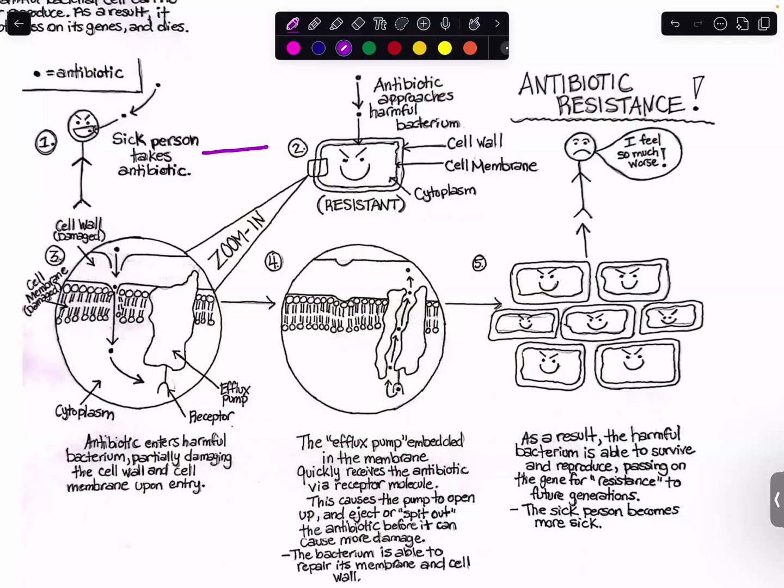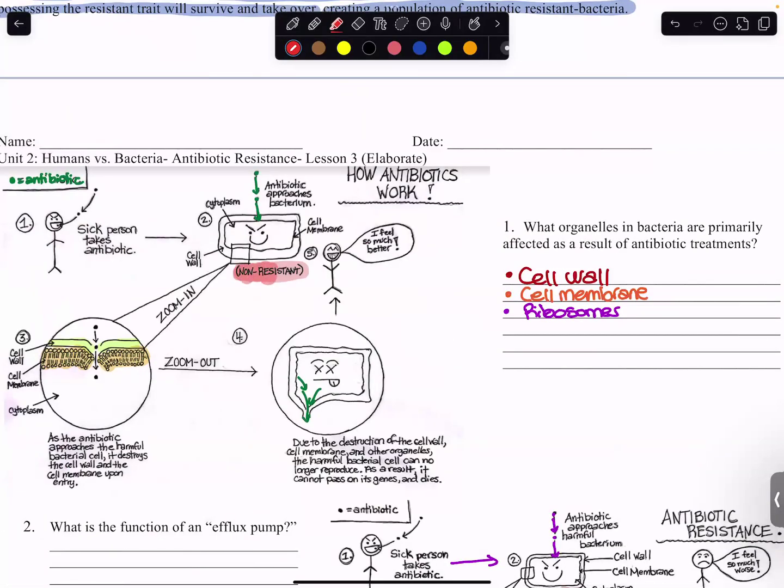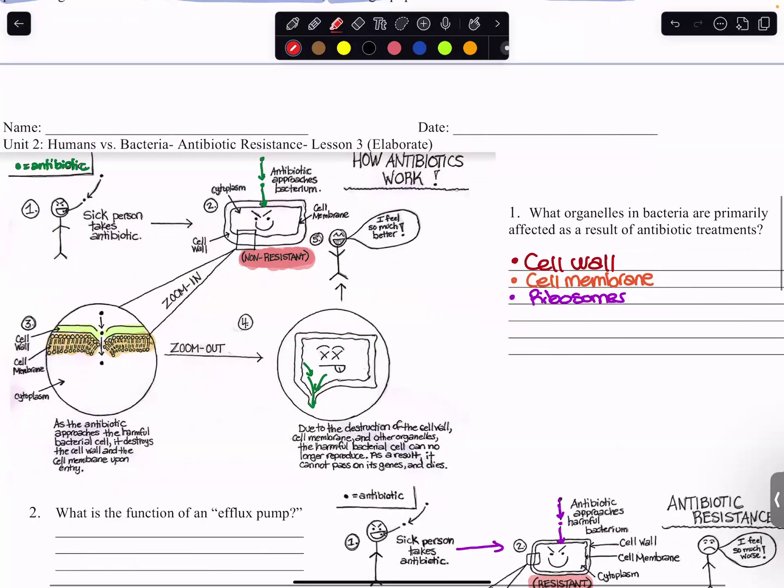Which leads to number 2, the antibiotic approaches the harmful bacterium. And if we zoom in, this bacteria, I forgot to mention, is resistant, unlike the one here, which was non-resistant.